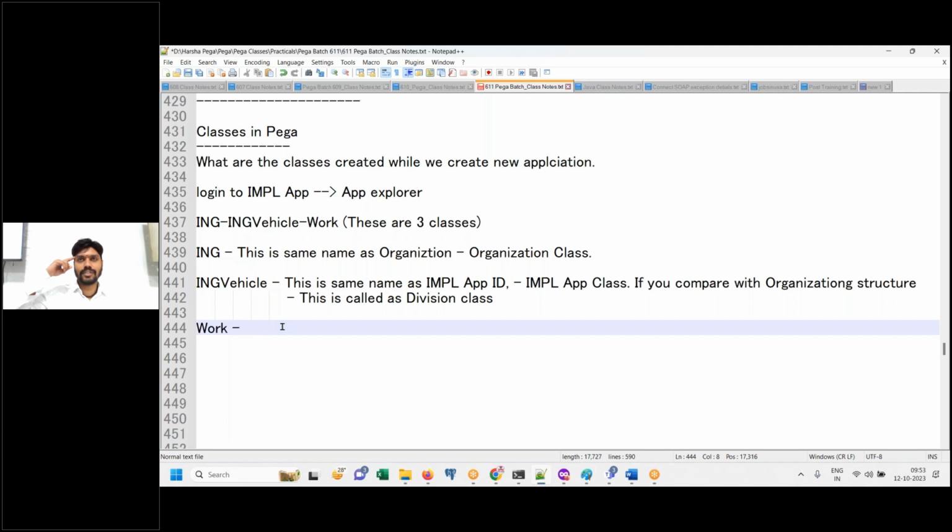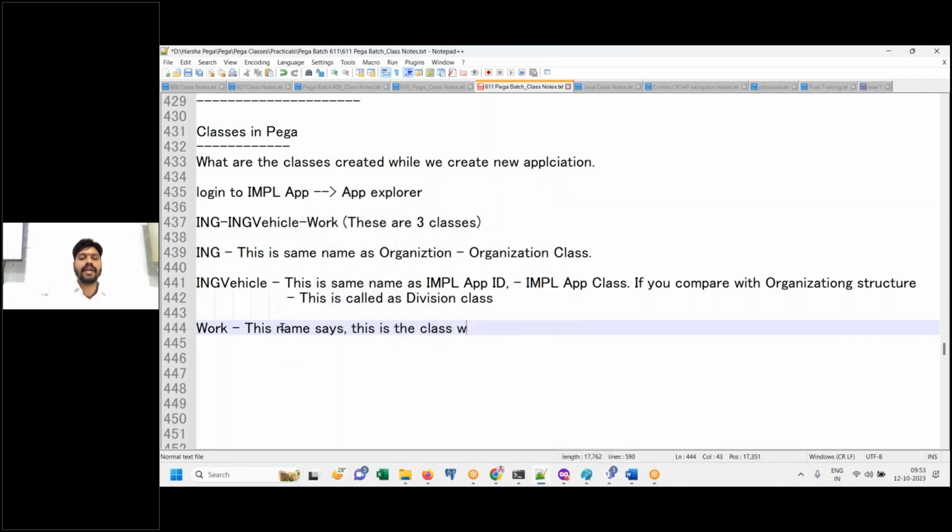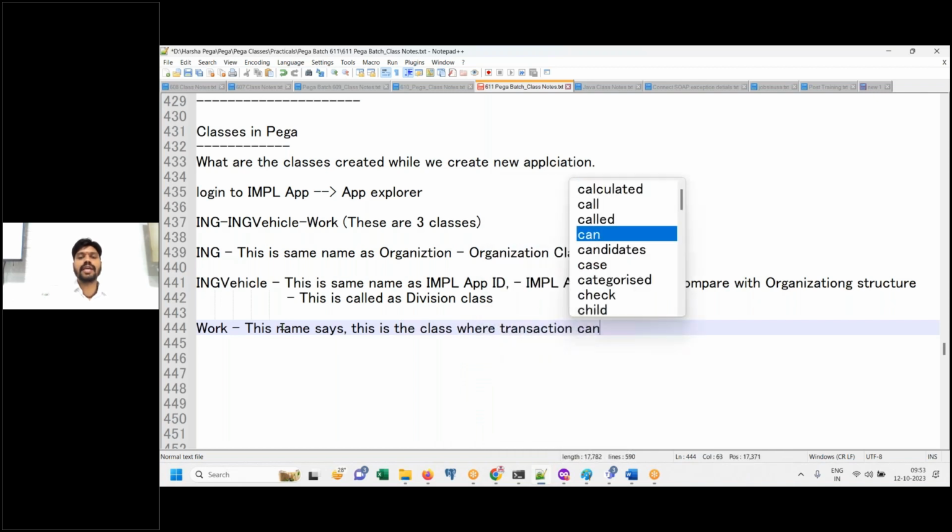Work is the class where work will be initiated, processed, and completed. Transaction initiated, processed: transaction is equal to work. I told you no. So this name says this is the class where a transaction can be initiated.